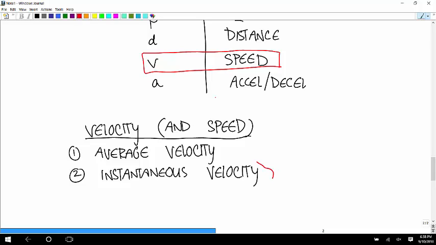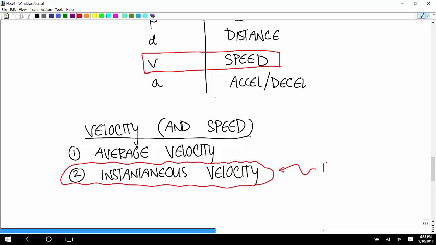This is the only one that we care about. This is the one that we want, the useful one. But I have to define average velocity because we're going to use the idea of average velocity to define instantaneous velocity.